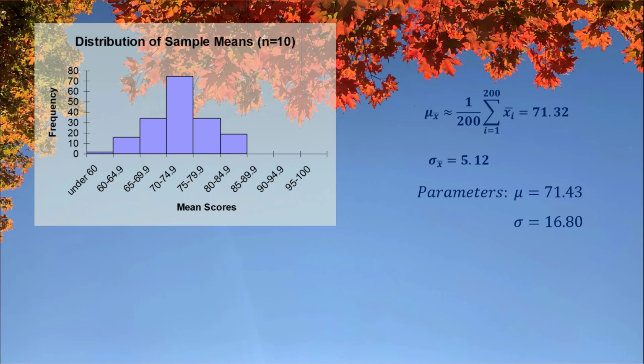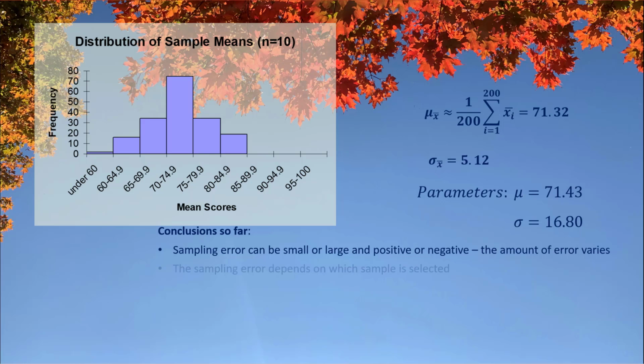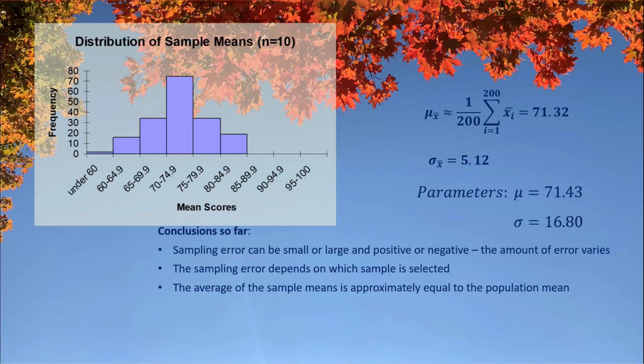5.12. When we compare to the population mean and the population standard deviation, we observe a similar situation about sample means and sampling errors. We also observe the average of the sample means is approximately equal to the population mean.